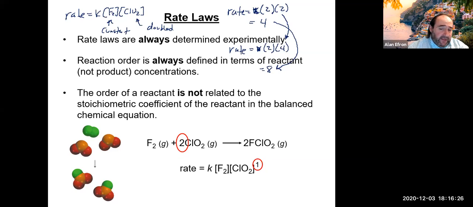Just like, if we went the opposite way and cut this one in half, that would become 1, and you would end up with 2 times 1, so the rate would go down by half. So by putting in very simple numbers, if you have a rate law, you can figure out what will happen to the rate if you do something to it. If you double it, will the rate go up by 4? Those types of things. Any questions on that?